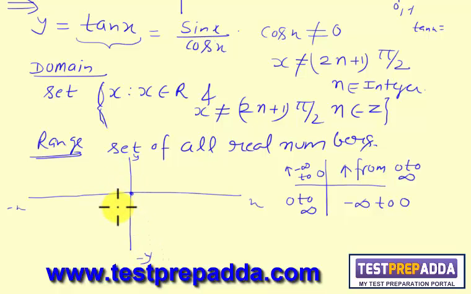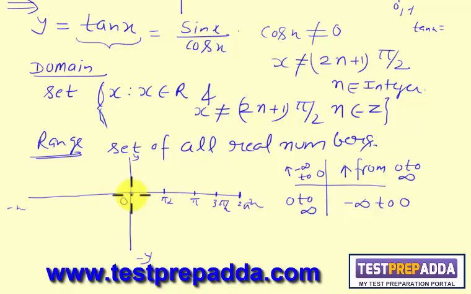This has 0, then 0 to pi by 2, then pi by 2, pi, then 3 pi by 2, and then 2 pi.